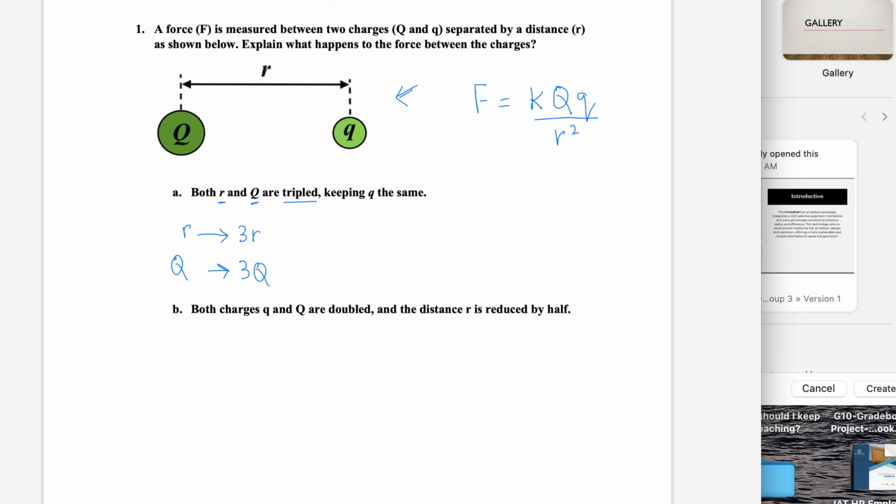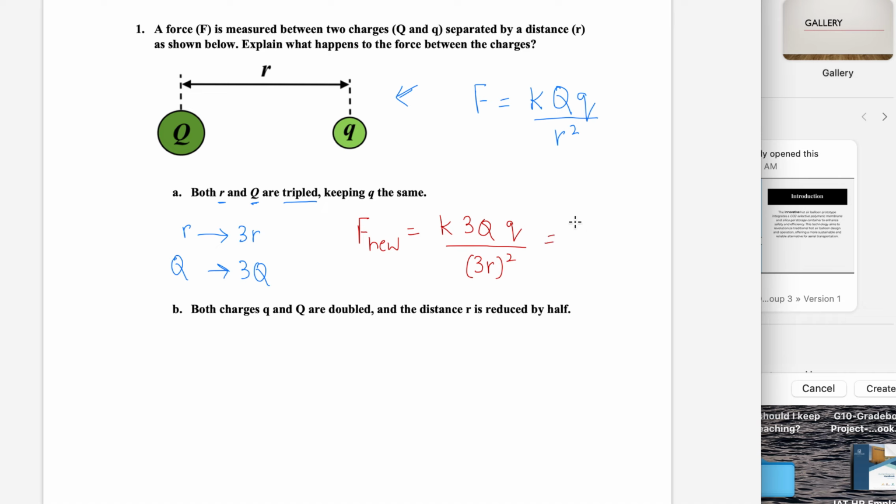So our new force, F new, will be K, instead of capital Q I'll write 3Q because it is tripled, small q remains the same, over r squared, and since r has also been tripled, we write (3r) whole squared.